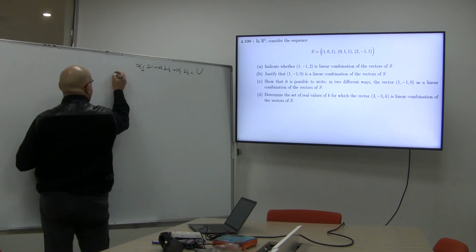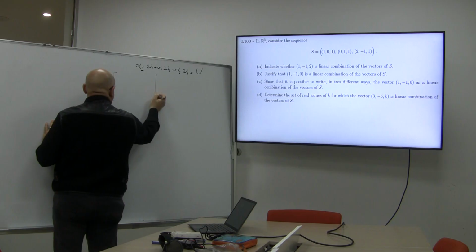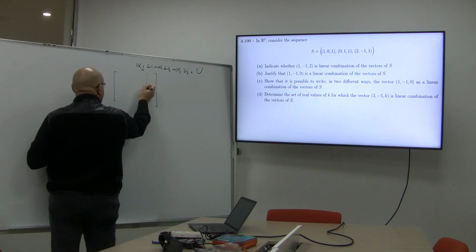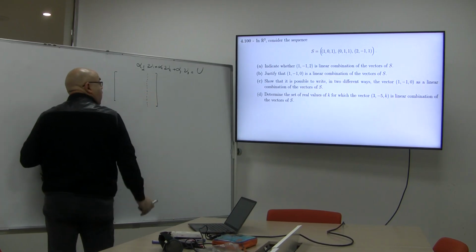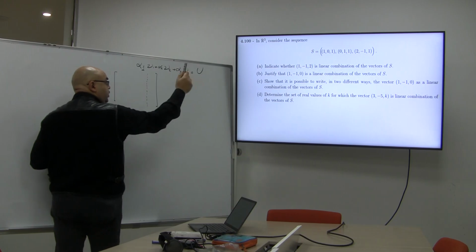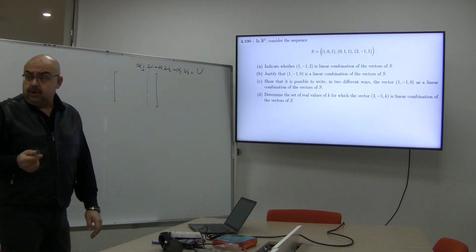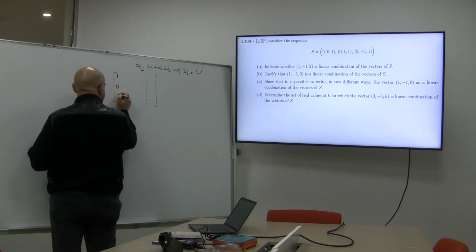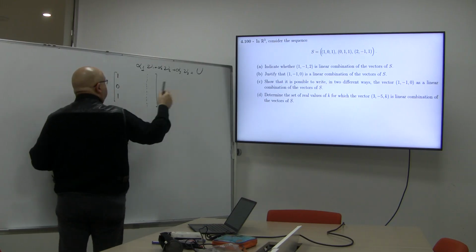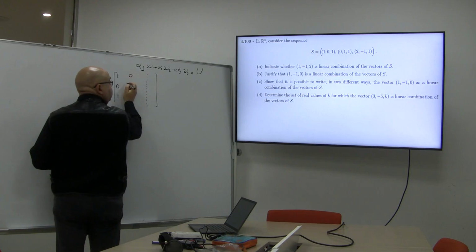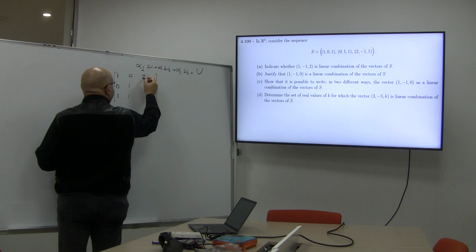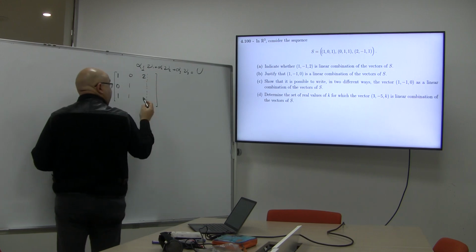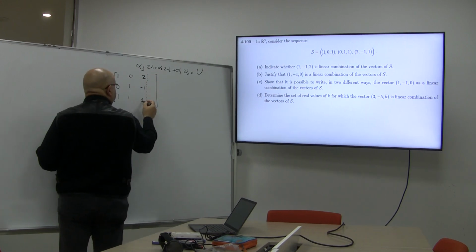So I simply start to open this augmented matrix, which is really very simple. I take the first column, which is the first vector, 1, 0, 1, as we saw previously. Then I take the second column, which is 0, 1, 1, and the third column, which stands for alpha 3, with values 2, negative 1, and positive 1.